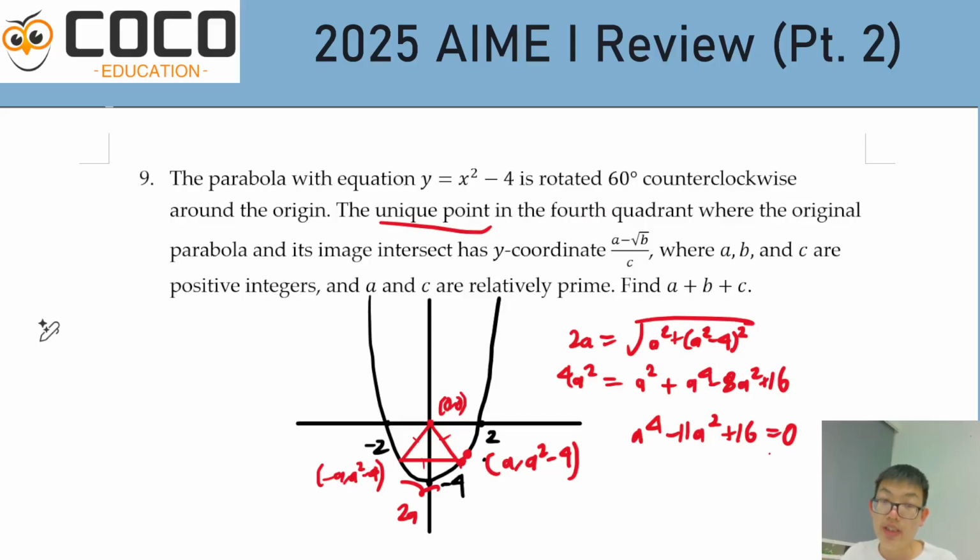I can't factorize this, but that is okay. This is a squared. I don't need to square root this again because they are asking me about the y coordinate, which is a squared minus 4.